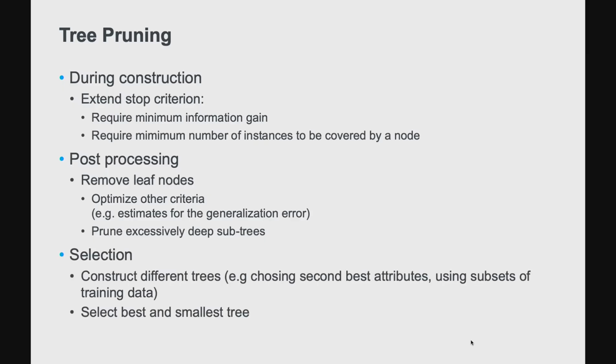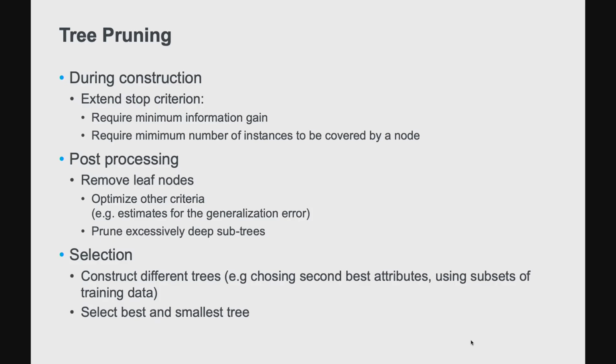We can also try to produce different trees. I gave you criteria to build a tree, but we could sometimes go for the second best or the third best solution when choosing attributes. You have to remember that what we do here is a greedy search. We search greedily for the next best attribute.